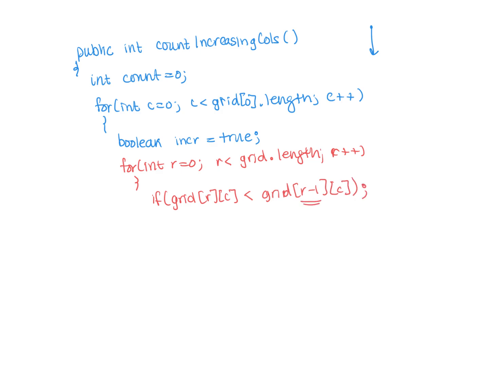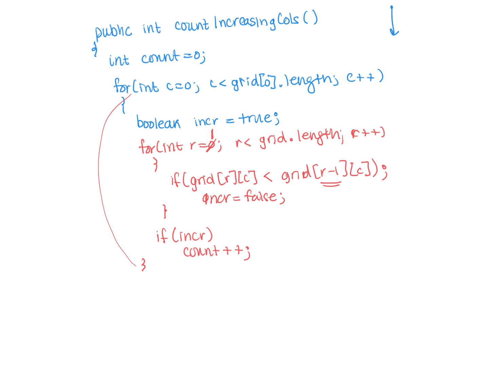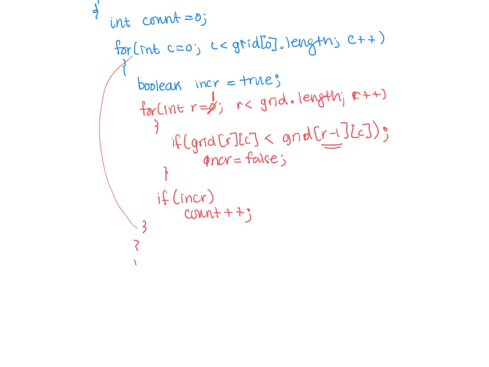As soon as you write minus 1 or plus 1, you have to go back and change things. So this has to start at 1 now because I can't look 1 back. The other thing you can do is start the row at 0 and then you'll have r plus 1. So if this is true, our increasing is now going to be false because we found one place it was not increasing. After we go through all the rows, we're going to see if it's increasing. So if increasing, which is a Boolean, if it is, you're going to increment the count. Otherwise, you're not. And then you'll go back up here, do your next column, go through the next thing, and finally return the count.